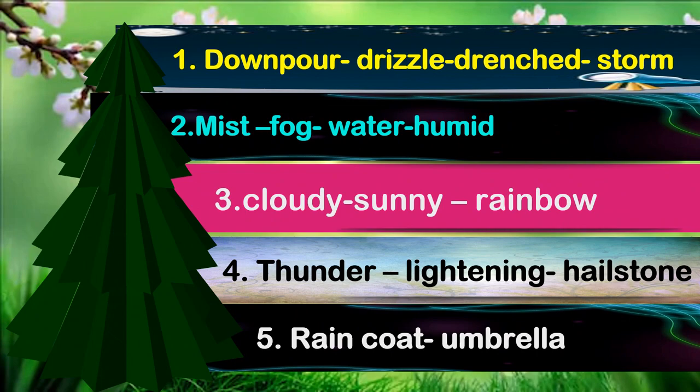And we usually use raincoats and umbrellas during the monsoon season. These are the words usually associated with the monsoon season. So I hope you have learnt all these words, and you can add some other words related to the monsoon season.